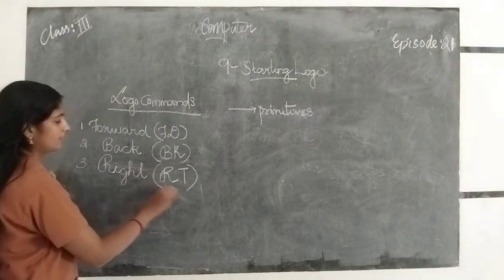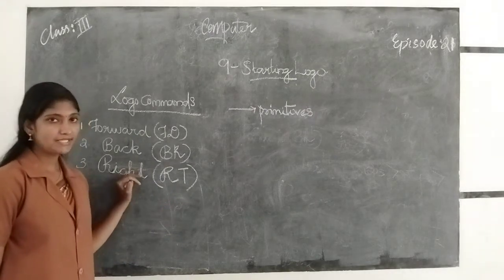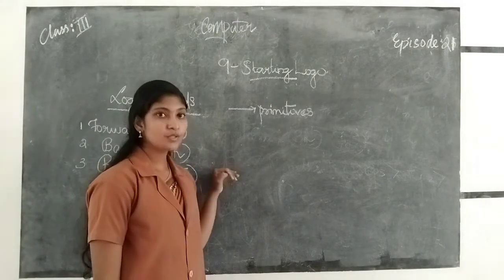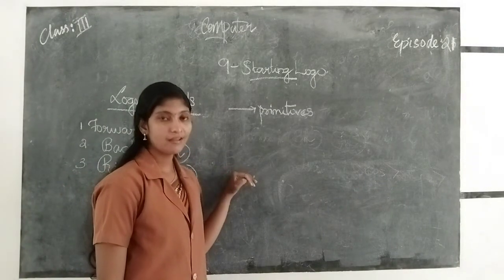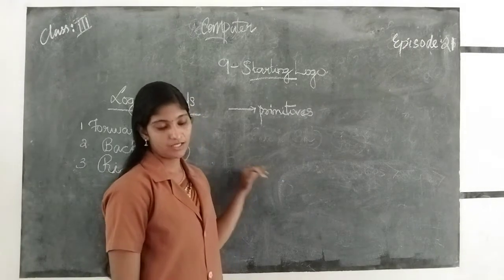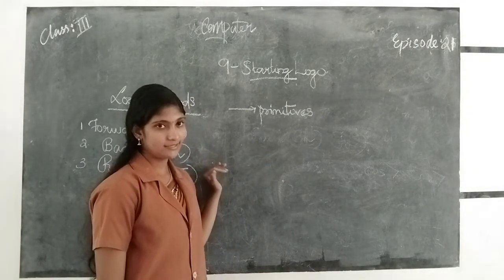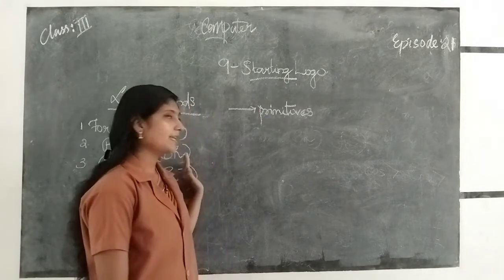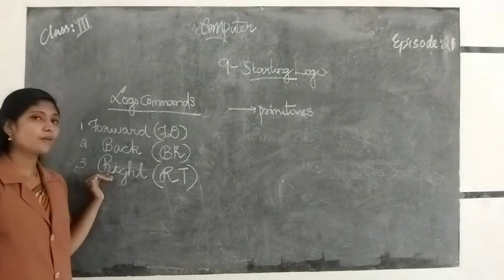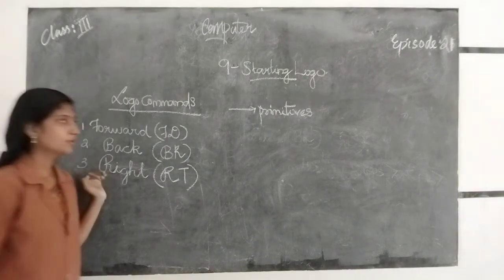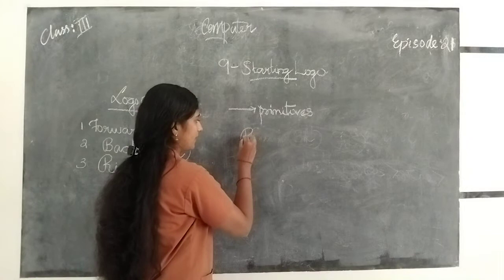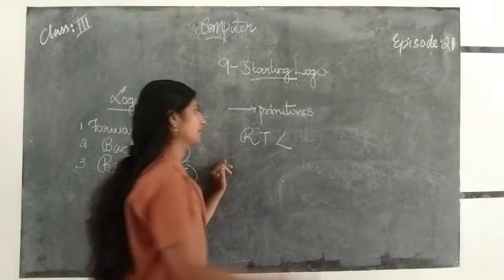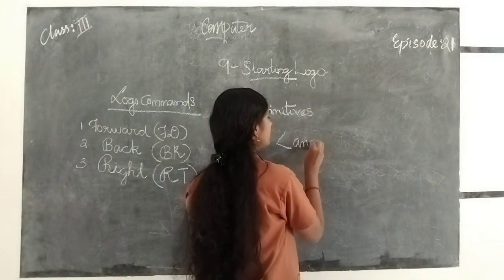The RT or right command is used to turn the turtle in the right side direction with an angle. So that is the command we use, RT. The syntax is RT, then mention the angle.